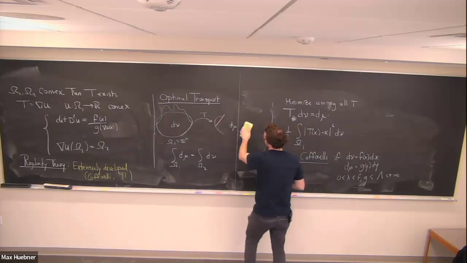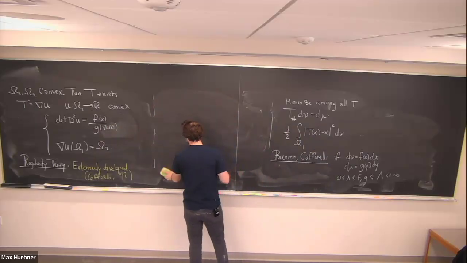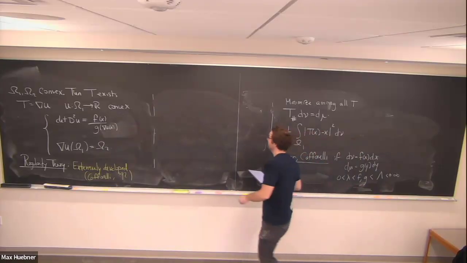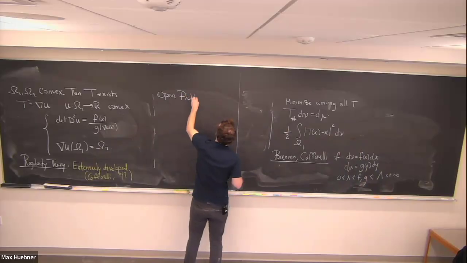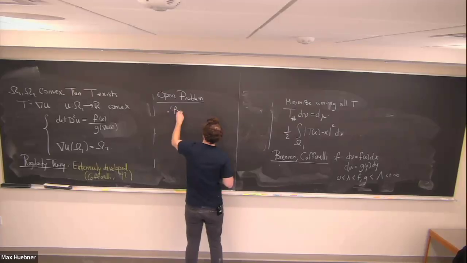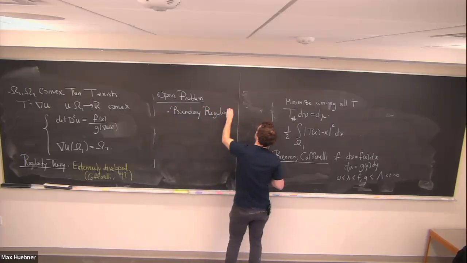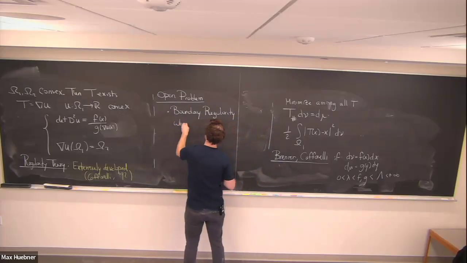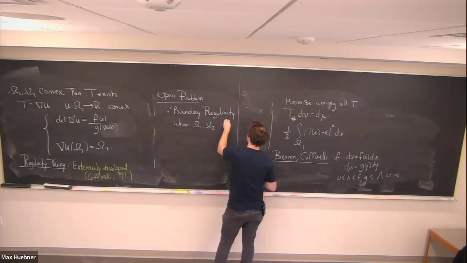Now, I won't go into what's known, but what has been a sort of open problem is the boundary regularity theory for optimal transport when omega 1 and omega 2 are not strictly convex or not uniformly convex.